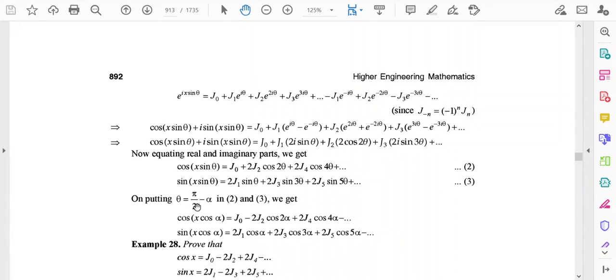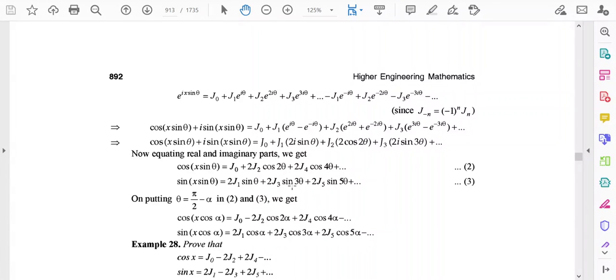If we put theta equal to pi by 2 minus alpha in equations 2 and 3, in that case sin theta will be cos alpha, and we will obtain cos of x cos alpha equal to j0 minus 2j2 cos 2 alpha plus 2j4 cos 4 alpha, and so on.